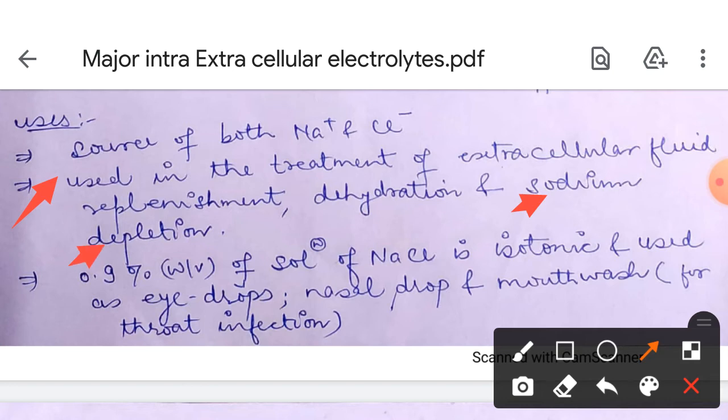The 0.9% or we can say 0.91% weight by volume of sodium chloride solution is isotonic and used as eye drop, nasal drop, mouthwash for throat infection. So these are the uses.